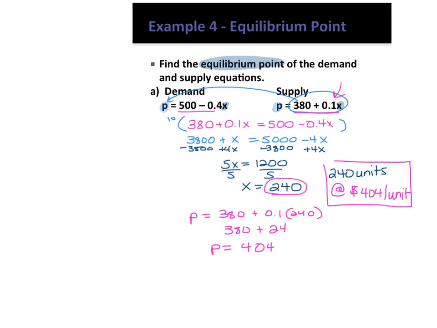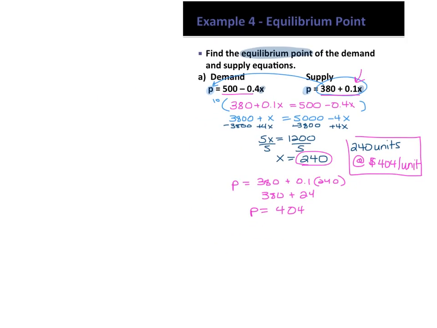We did solve this with substitution, but you can also solve this with elimination. So if I take and move that 0.4x on the side with the P, I would get P plus 0.4x equals 500. Do the same here with the supply. P minus 0.1x equals 380.